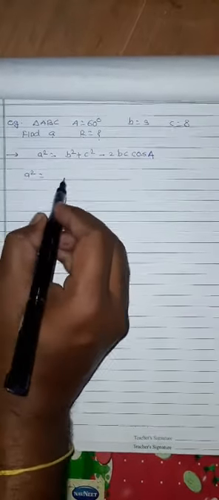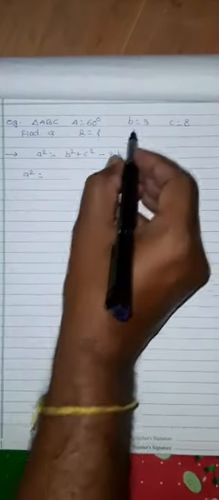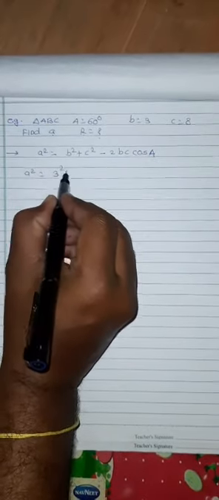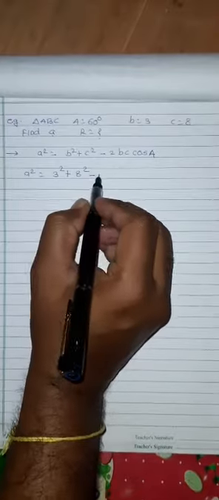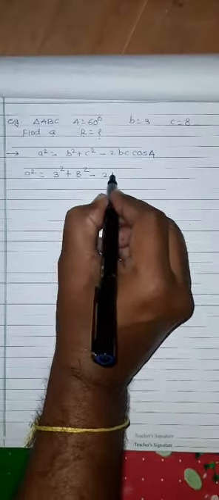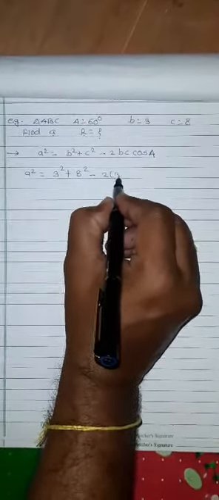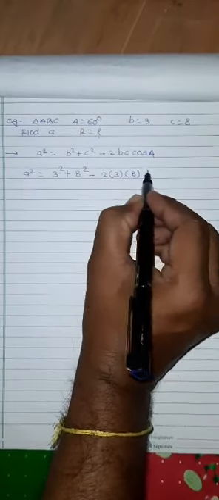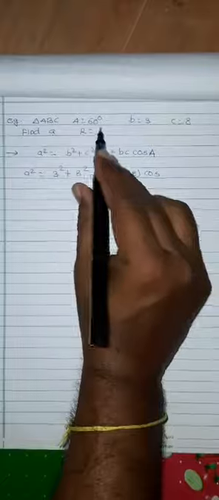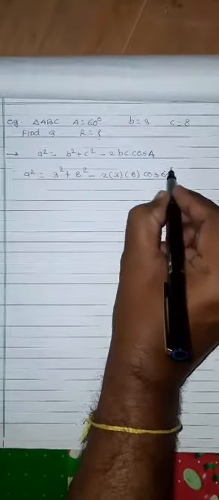Then b is equal to 3 square plus c is equal to 8 square minus 2 as it is. The value of b is 3, the value of c is 8, and the value of cos of capital A is equal to cos 60 degrees.